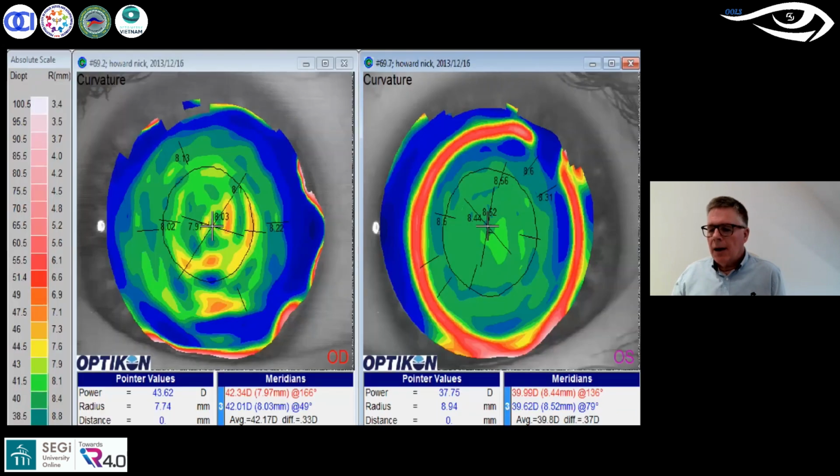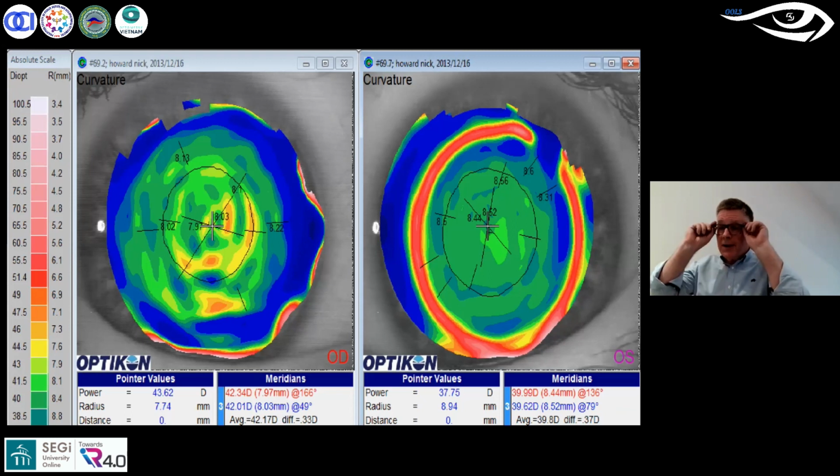These are my topographies with contact lenses in situ. And I was deliberately wearing two different types of high quality, single use, silicone hydrogel, spherical contact lenses.